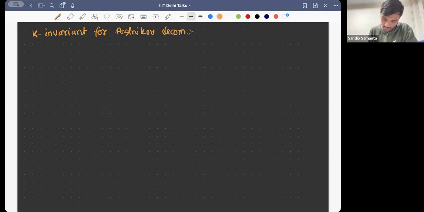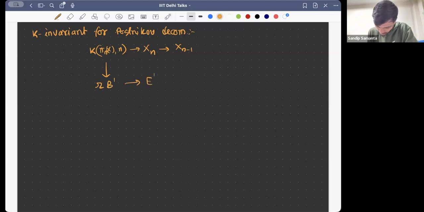Say that we have this map Xn to Xn minus 1, and it has the fiber K(pi n, n), and also we have the homotopy equivalences omega B prime, A prime and E prime. These maps are homotopy equivalences.